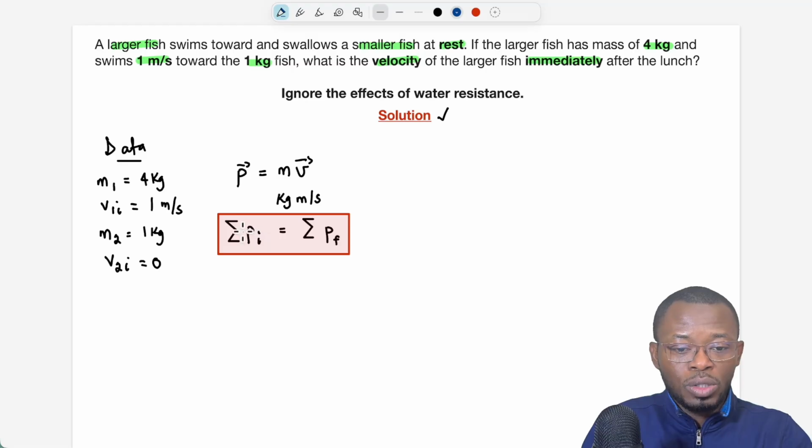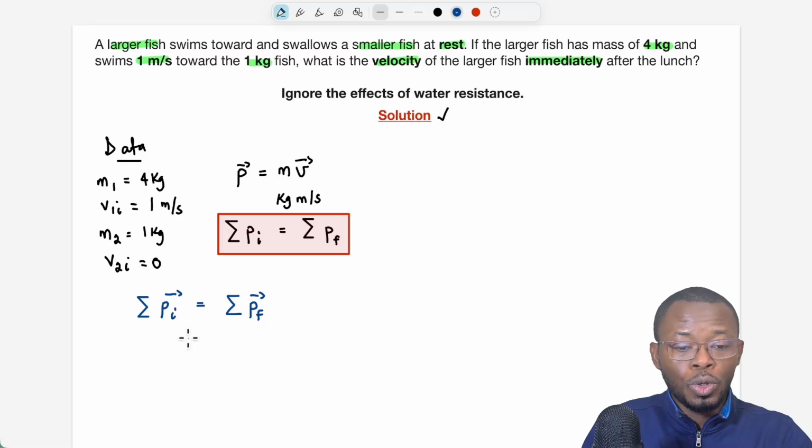The sum of momentum before collision must be equal to the sum of momentum after collision. Before the interaction, I'll refer to that as initial, and after the interaction, I will refer to that as final. So the sum of the individual initial momenta must be equal to the sum of their individual final momenta.